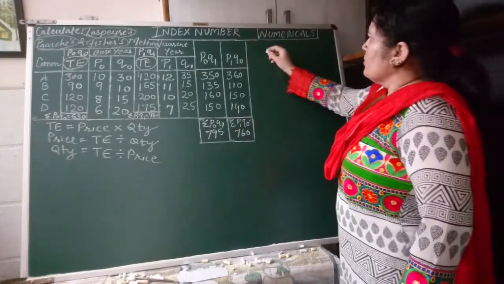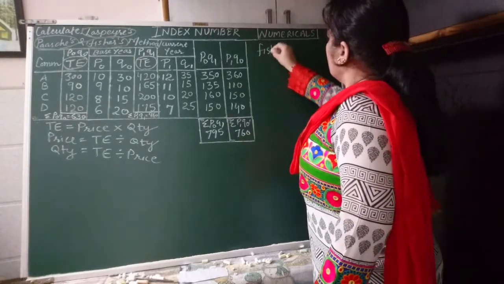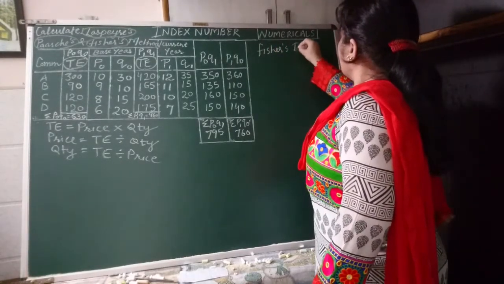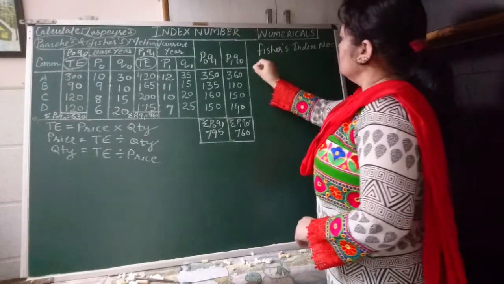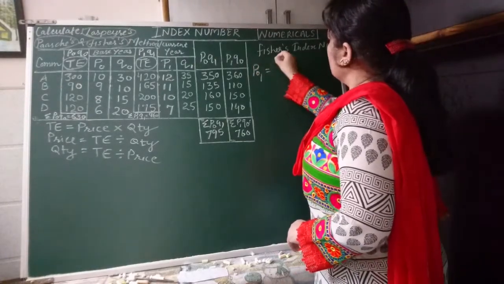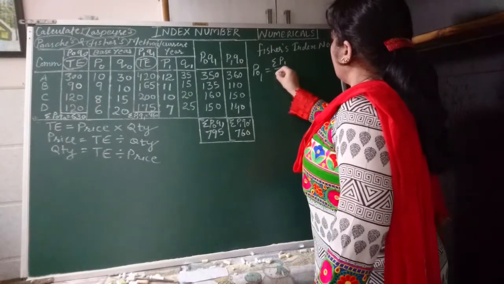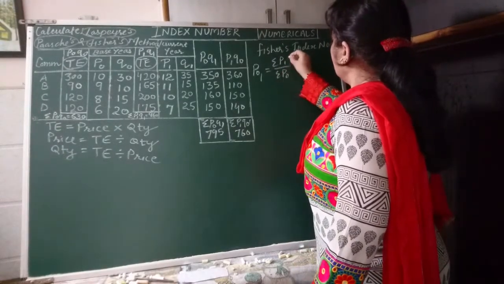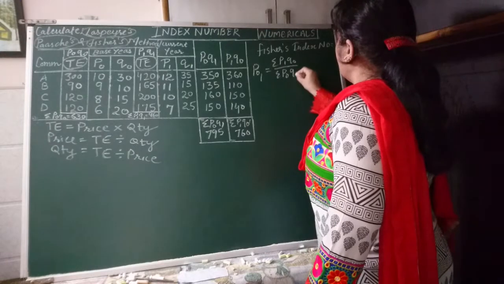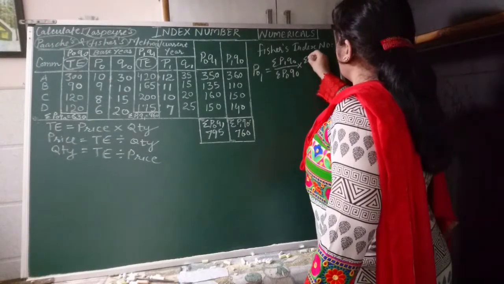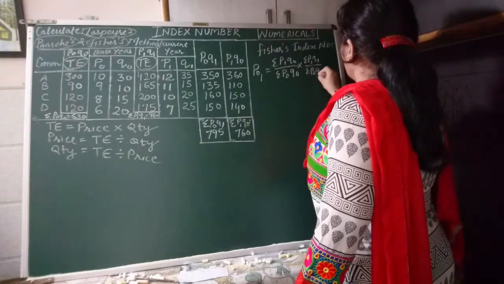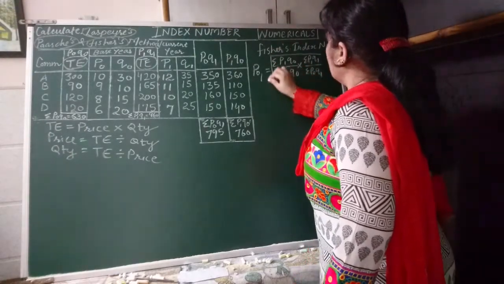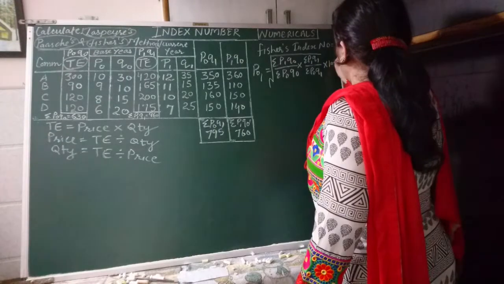So for the calculation of number 1, Fisher's index number. Fisher's index number P01 is equal to the square root of sigma P1Q0 by sigma P0Q0, base year quantity, multiplied by sigma P1Q1 divided by sigma P0Q1, multiplied by 100.